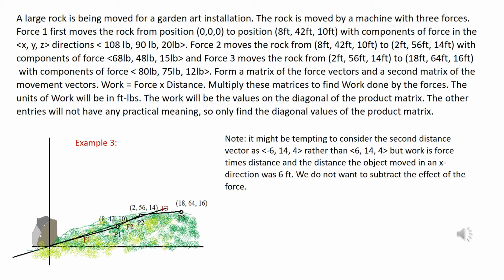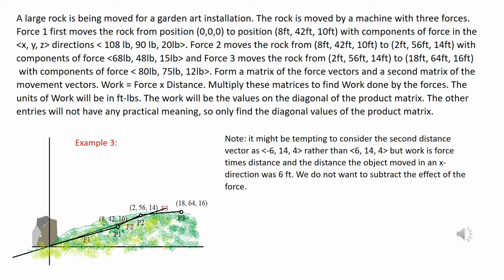The units of work in this case will be foot-pounds because we're measuring distance in feet and the force in pounds. And the work, or the physics work being done, will end up being the values on the diagonal. And the other entries of our product will not have any practical meaning. So only the diagonal values need to be found because they're the values that have practical meaning.